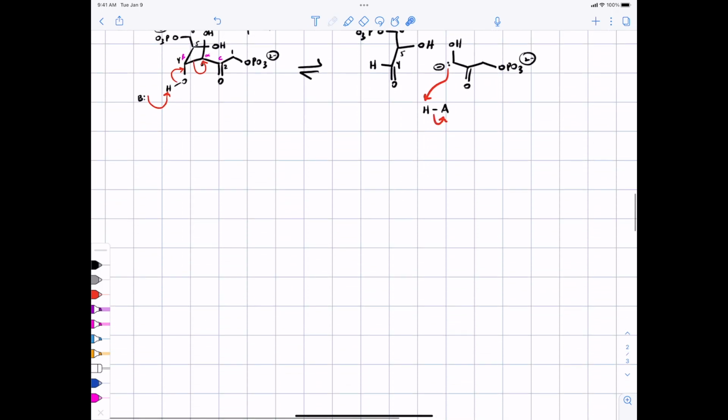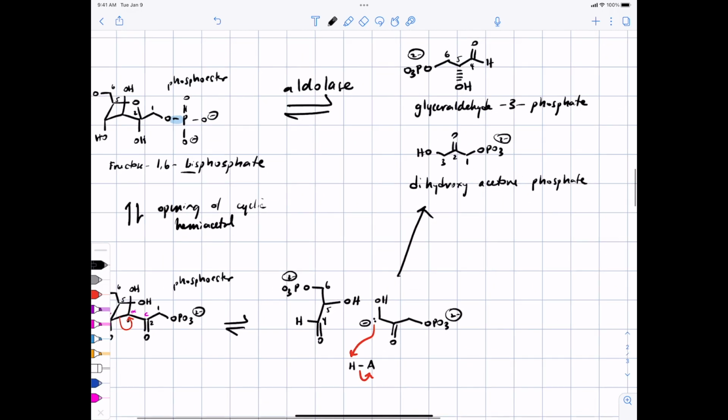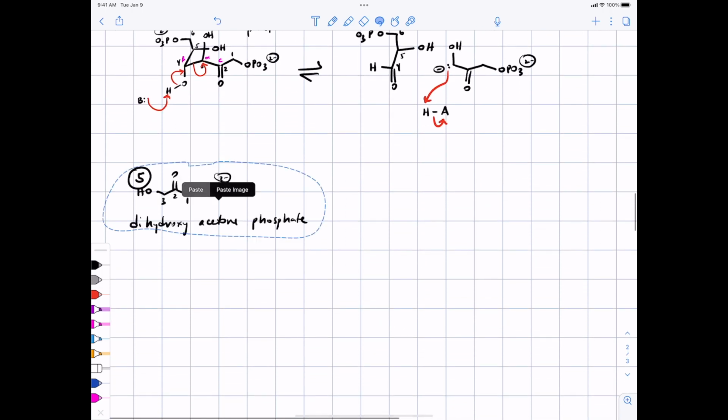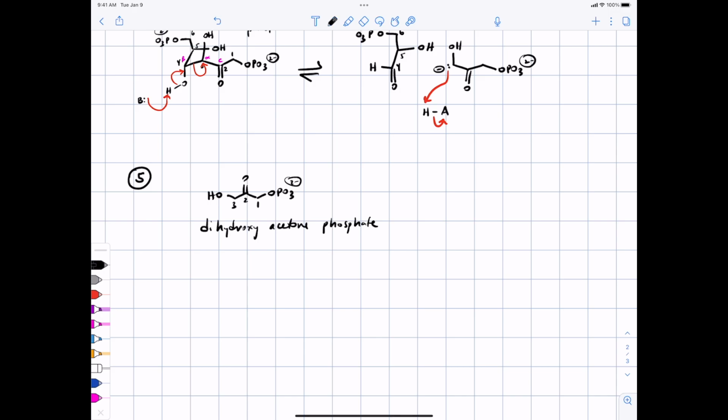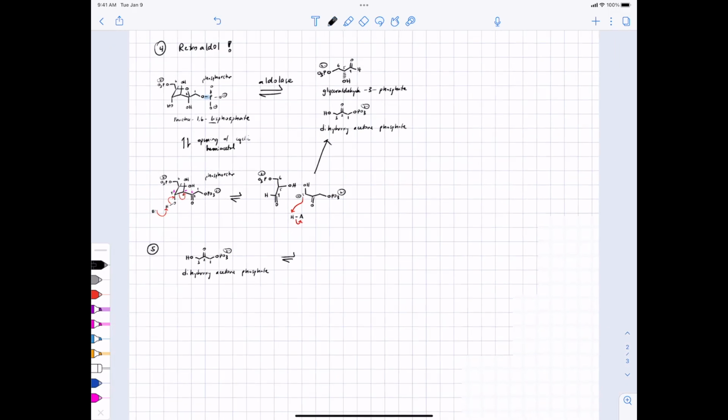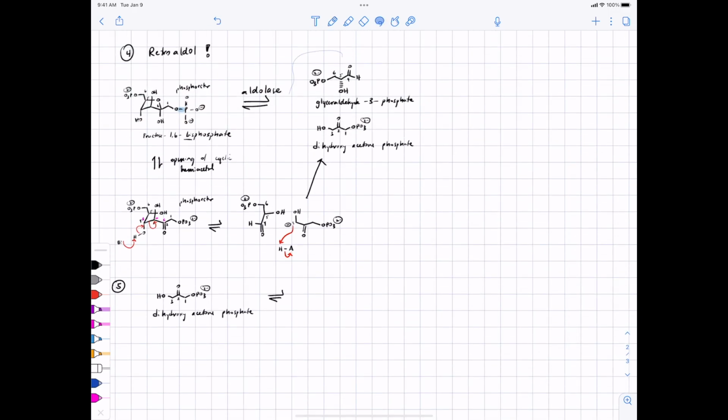Okay, so step 5 is going to be isomerization of dihydroxyacetone phosphate into glyceraldehyde 3-phosphate, and this step is going to be reversible as well.